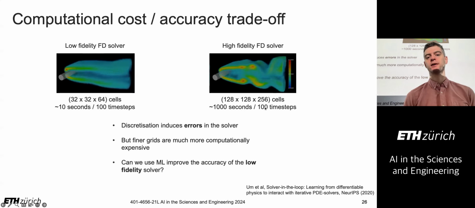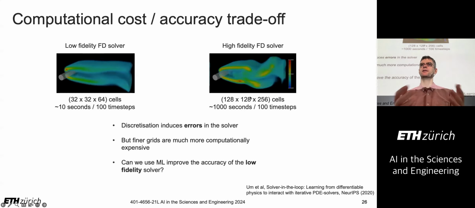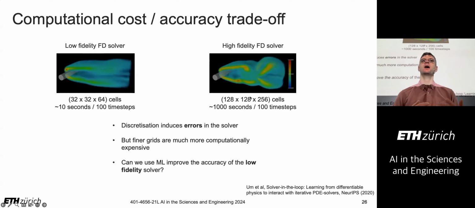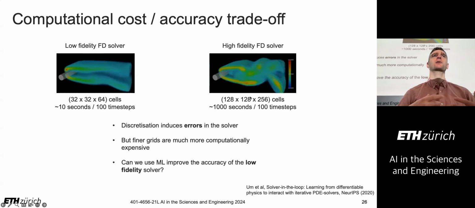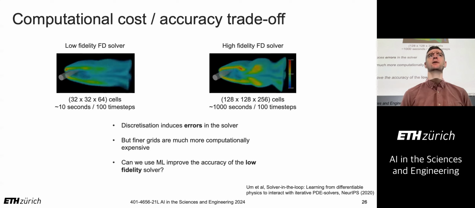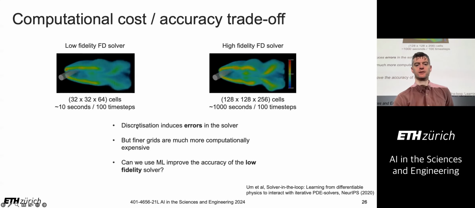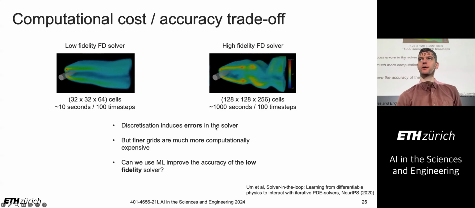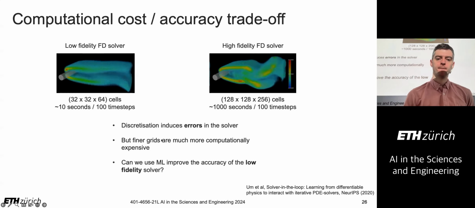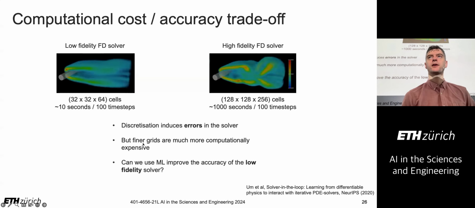So this is really not scalable to billions of mesh cells. This is why we need huge supercomputers to run these big simulations when we're using lots of points. So the discretization induces errors in the solver. This is unavoidable in some way. But using a finer grid to get over that discretization error is much more computationally expensive.